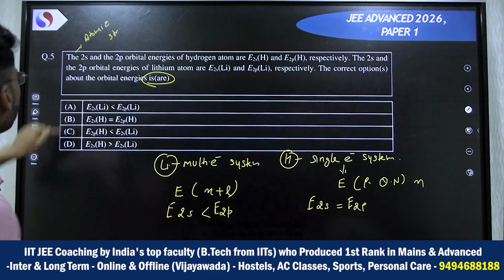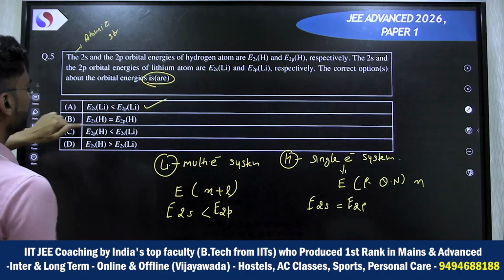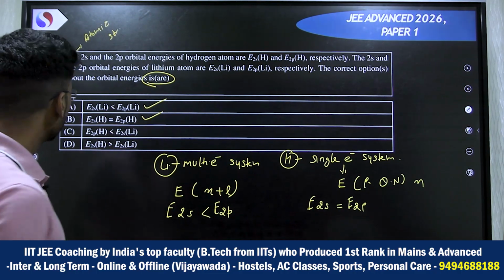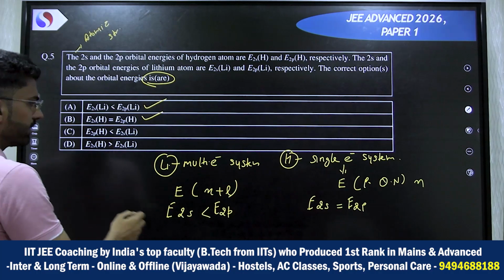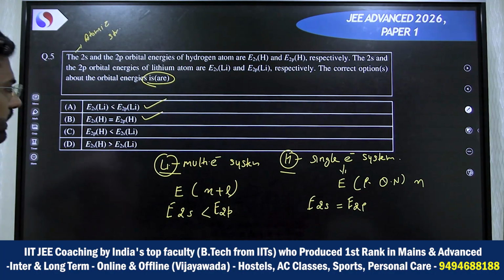So let's see option A. 2s is less than 2p, that is correct. 2s of hydrogen will be equal to 2p, that is correct. Next, they are comparing lithium with hydrogen. How can we compare them?